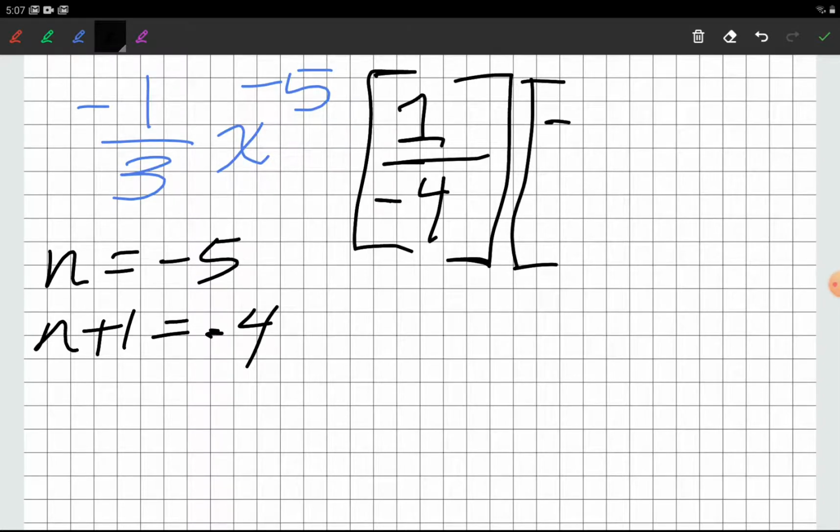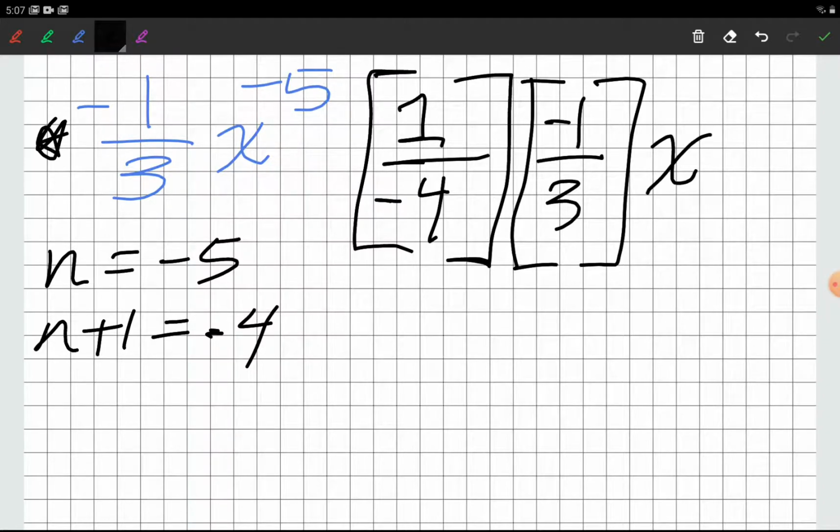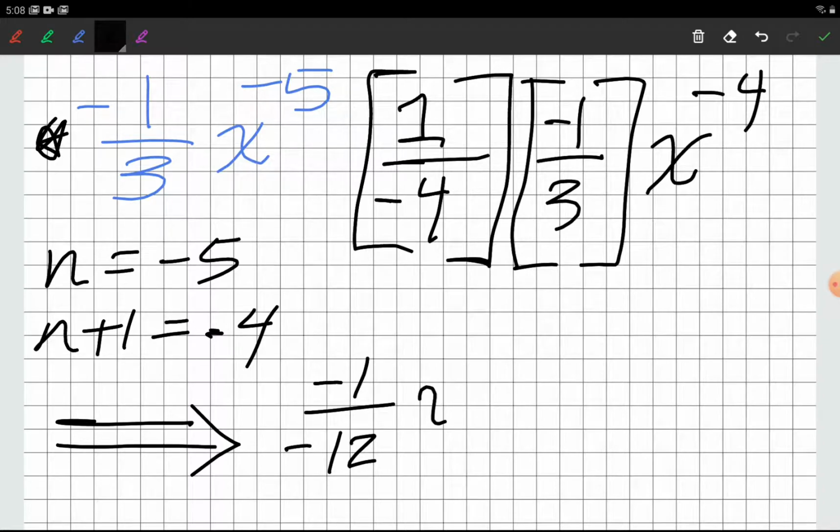And then this function, x to the negative 4, comes out to negative 1 over negative 12, x to the negative 4, but that can be simplified.